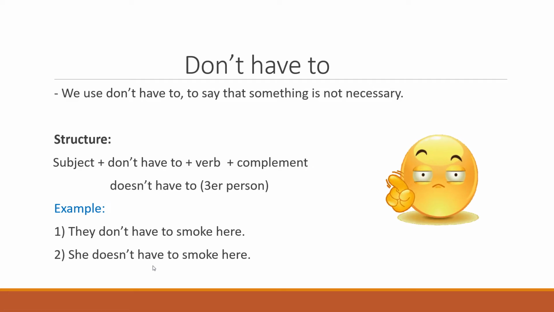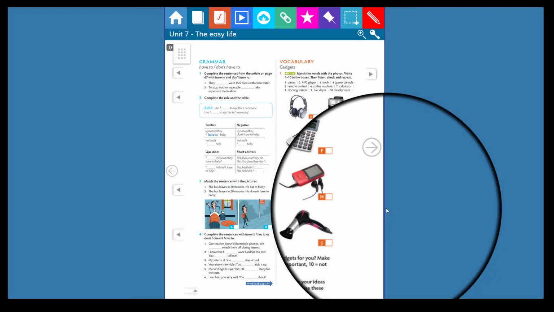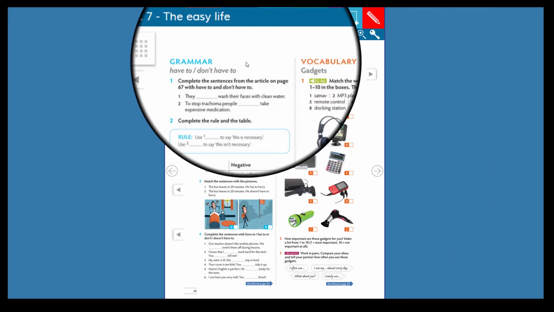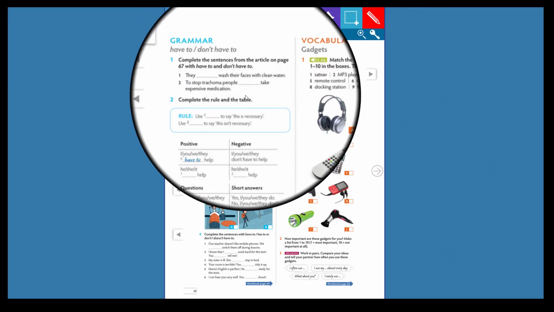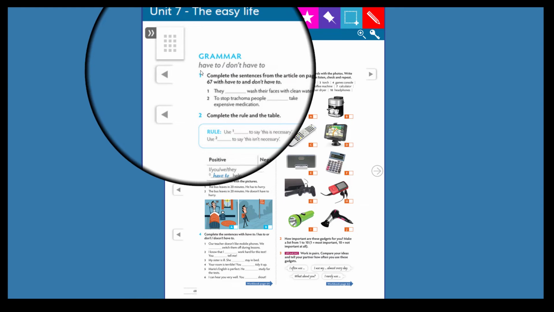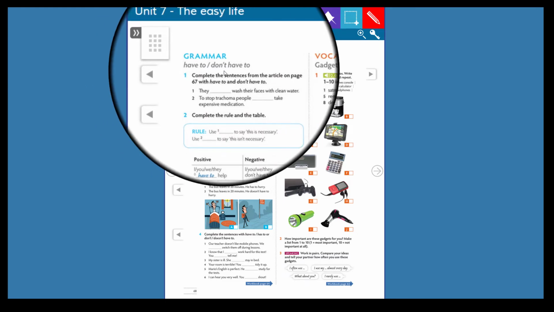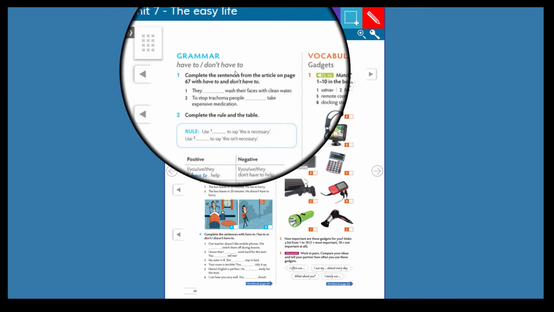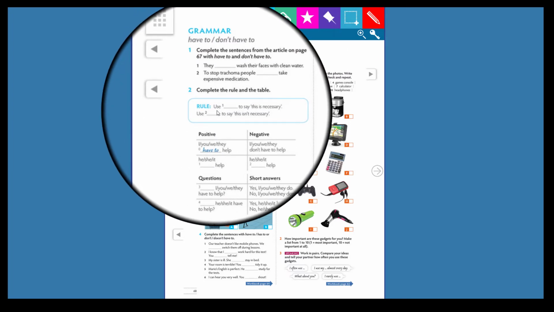So now let's continue with the lesson in the book. Okay, so now I need you to please open your student books on page number 68. You know the use of have to and don't have to, so we're going to complete this rule over here.